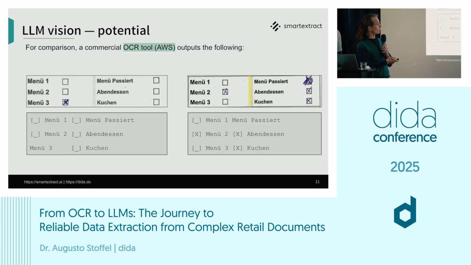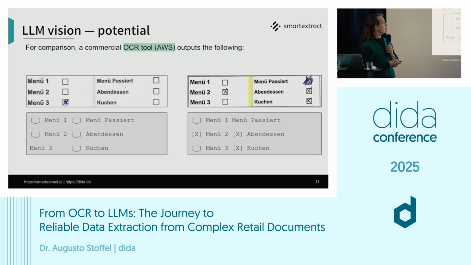For comparison, if we use a commercial OCR tool, this was AWS, somehow it correctly understood that this item was not checked, but then it also thought this X was a little too messy and didn't include it in its extraction.